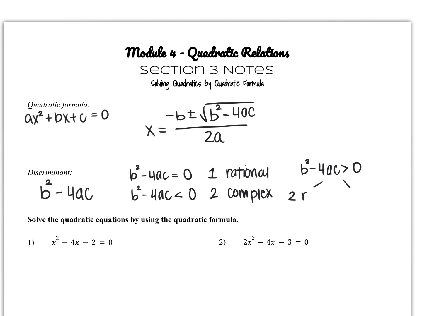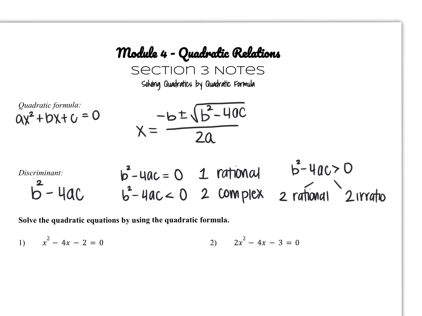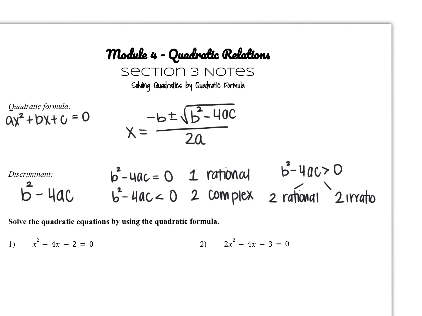We could have two rational or two irrational solutions. And whether it's rational or irrational is based on whether or not you have a perfect square. So if b squared minus 4ac is greater than 0 and a perfect square, that's two rational solutions.